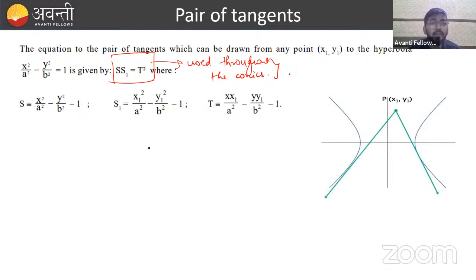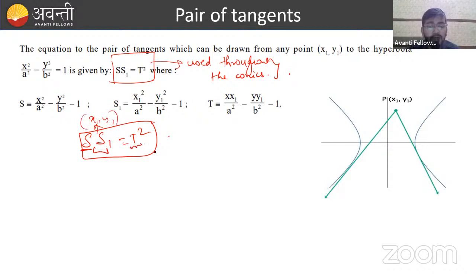The equation of the pair of tangents from any point to the hyperbola is given by S1 S = T². We just have to remember that S is the equation of the hyperbola, S1 is S when you substitute the point (x1, y1), and T is the equation of the tangent.